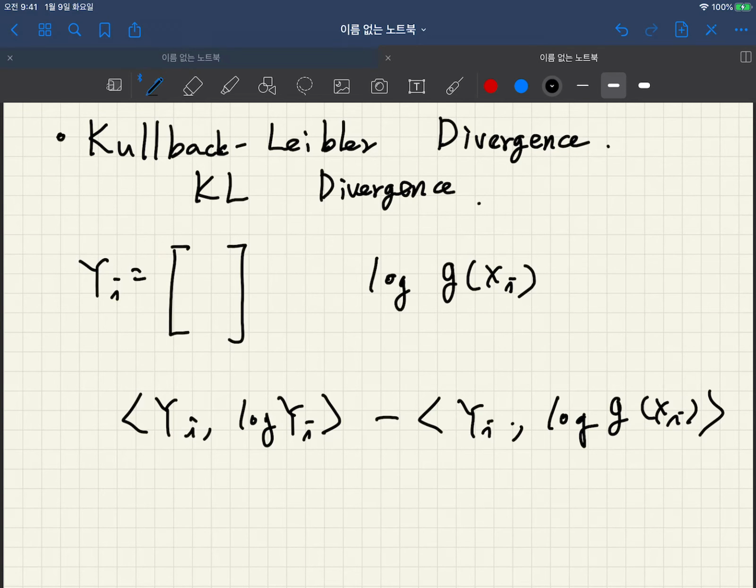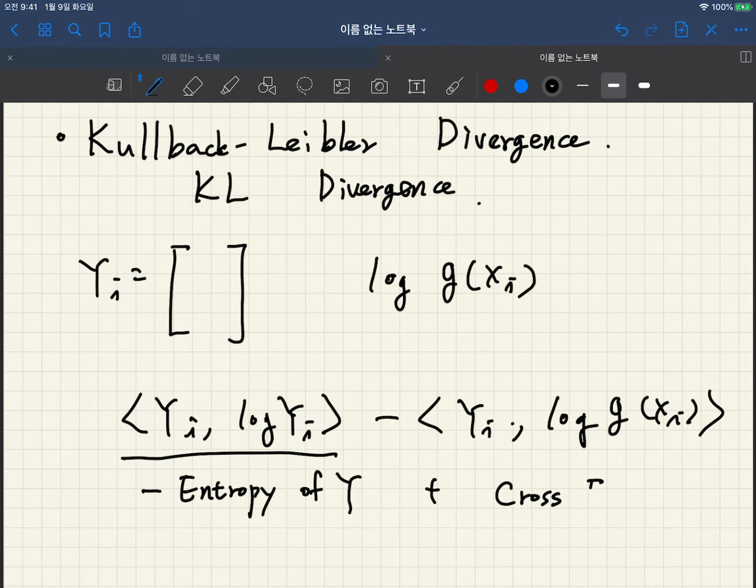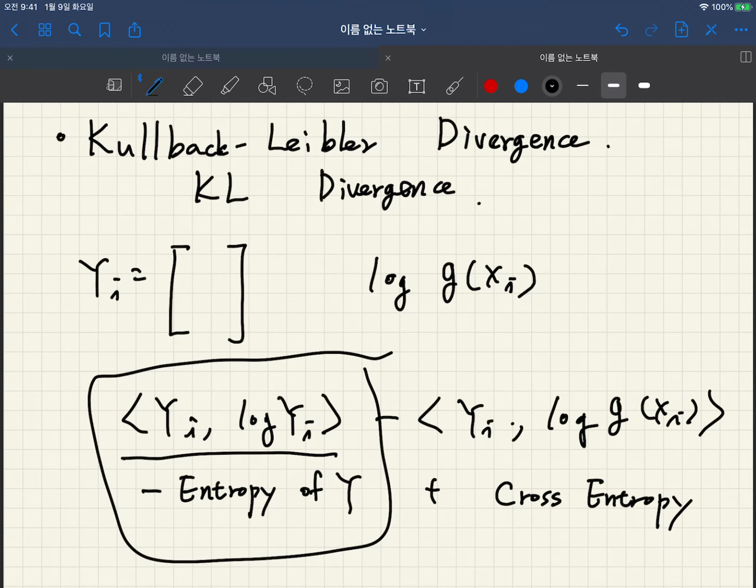So this is the sum of minus the entropy of y plus the cross entropy. When we cannot control the yi vector, then KL divergence is essentially the same as cross entropy because the entropy term is a constant.